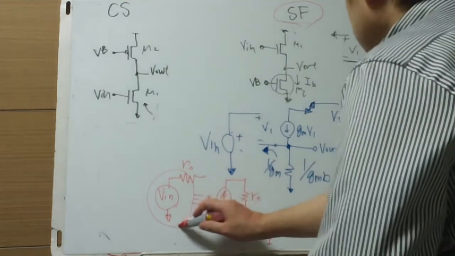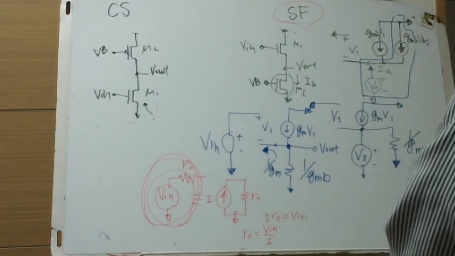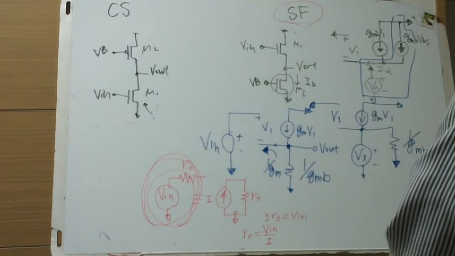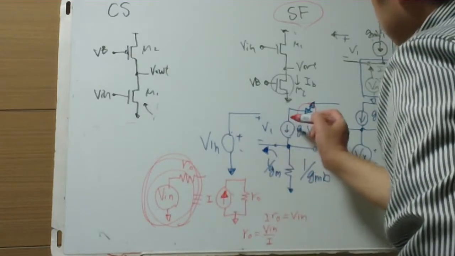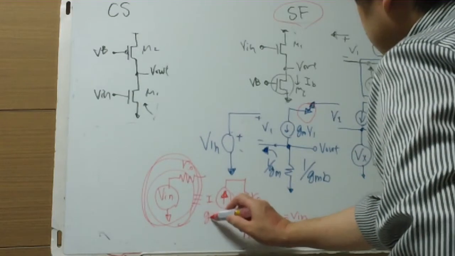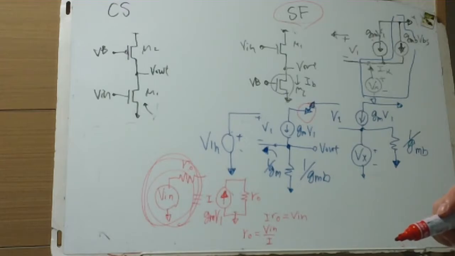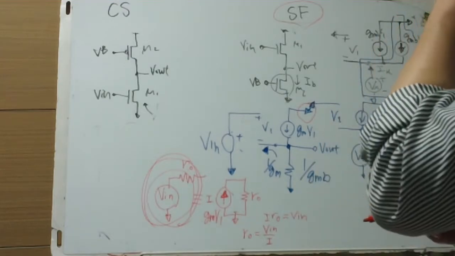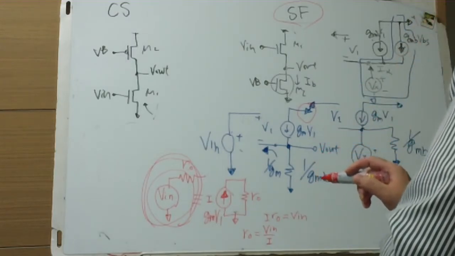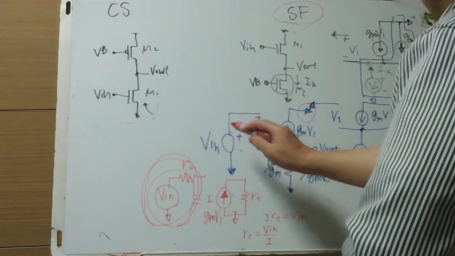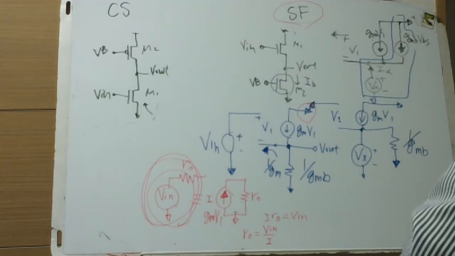So we need this expression for this. This is ground, and upward is I of GmV1. Okay, and how are V1 and V in related?